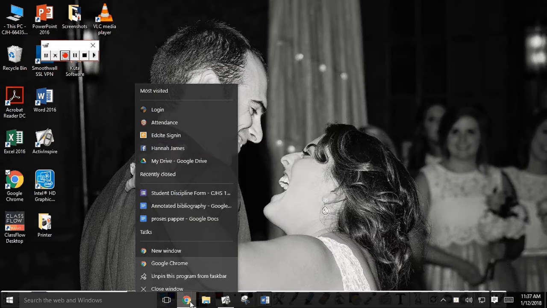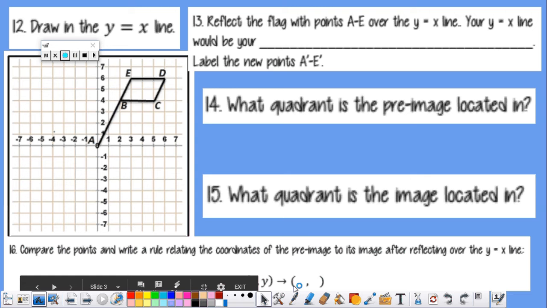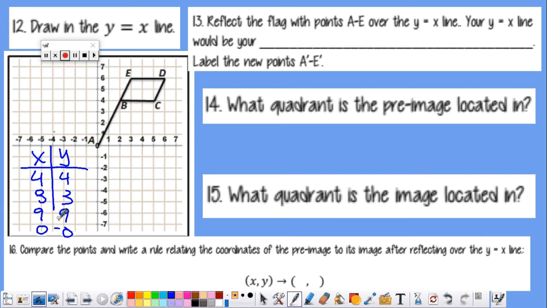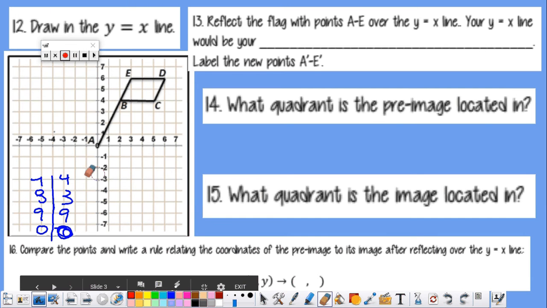Let's say I draw my table right here: 4, 4; 3, 3; 9, 9; 0, 0. Every single point has to have a y value exactly the same as its x value. Okay? So let's draw that line.